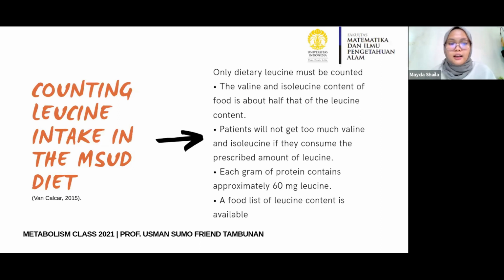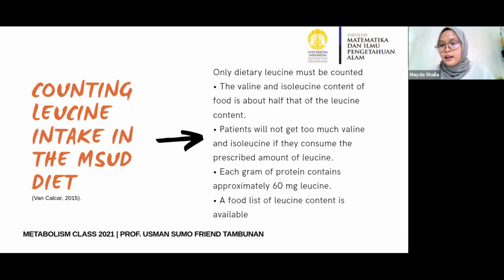Okay, next, this is also important in MSUD: only the leucine content of food and beverages needs to be counted. There is no need for caregivers to calculate the valine and isoleucine content of food unless there is a concern about energy intake. So this is how to count leucine intake in the MSUD diet. Only dietary leucine must be counted.